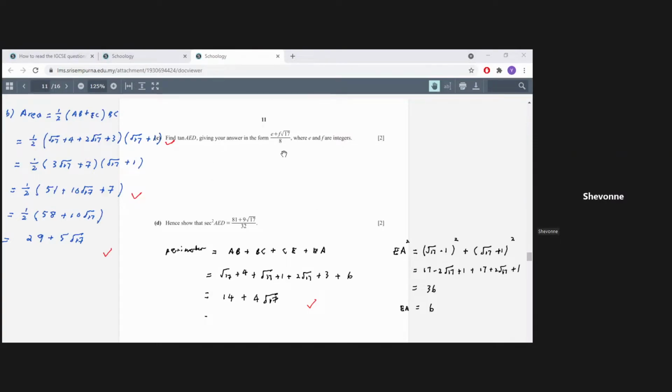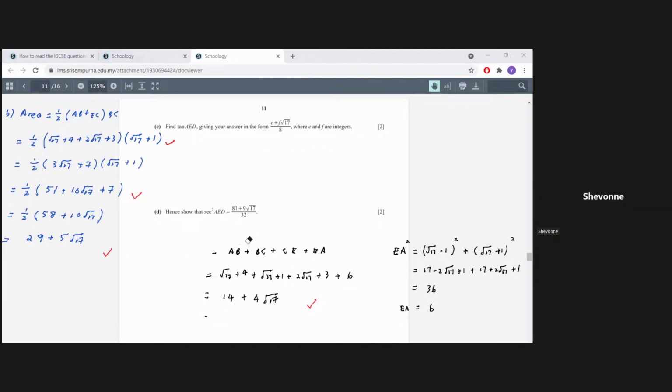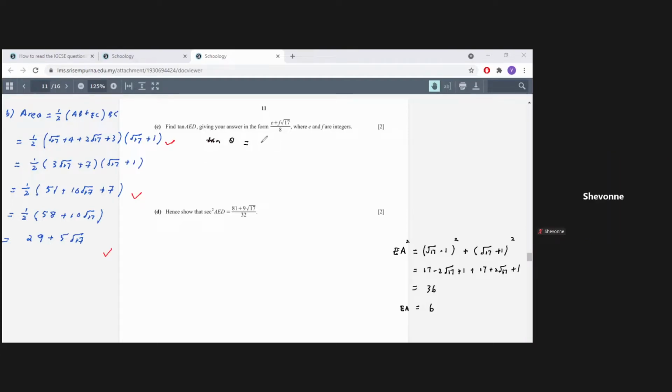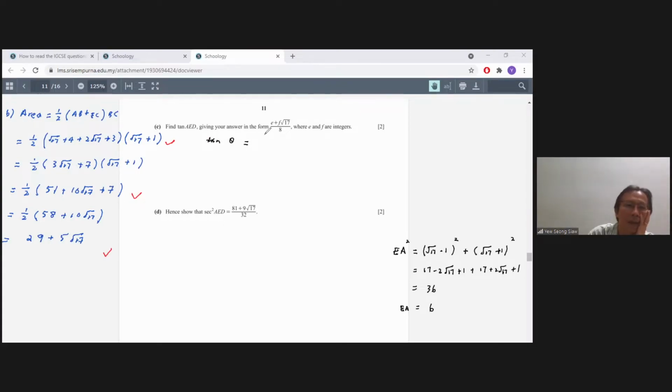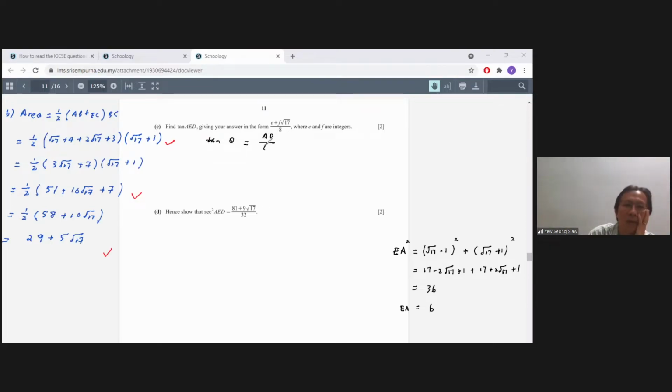C. Tangent theta equals AD over ED. So yeah, that first. Tangent theta equals, again, tangent is equal to AD over ED. AD over ED.